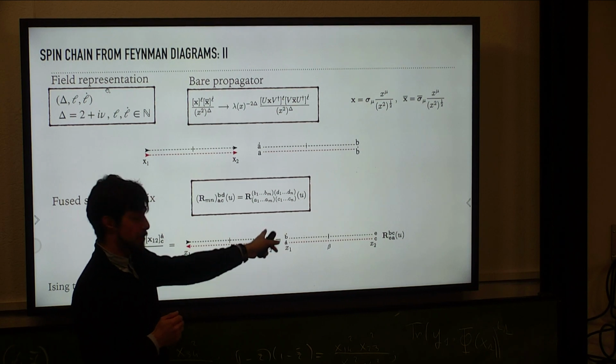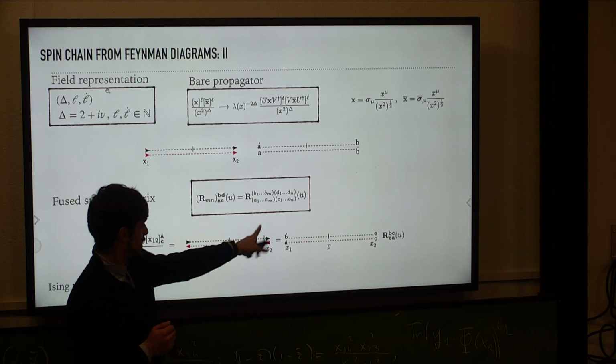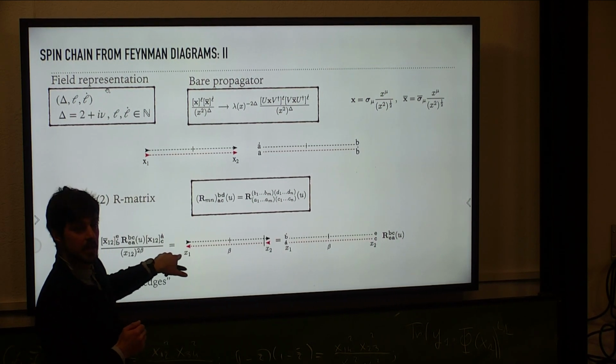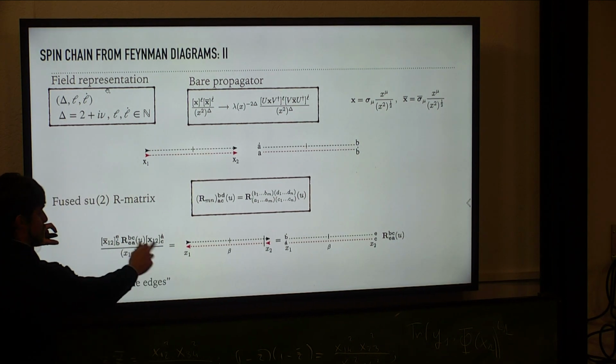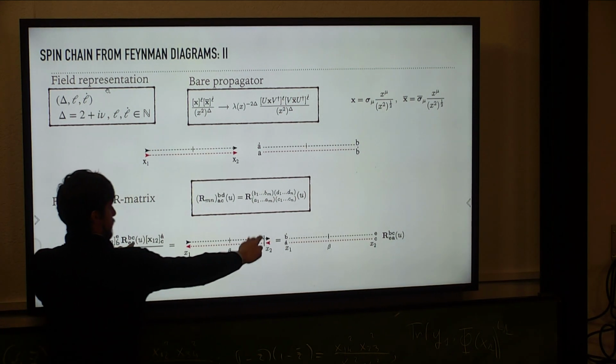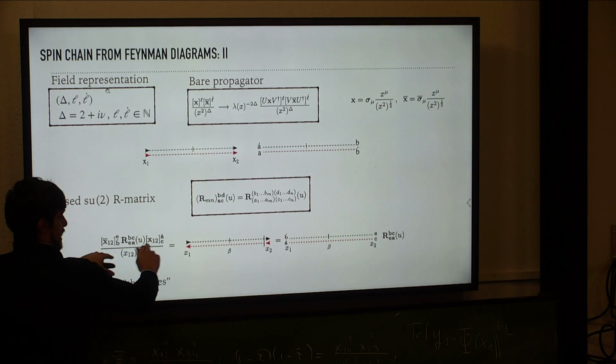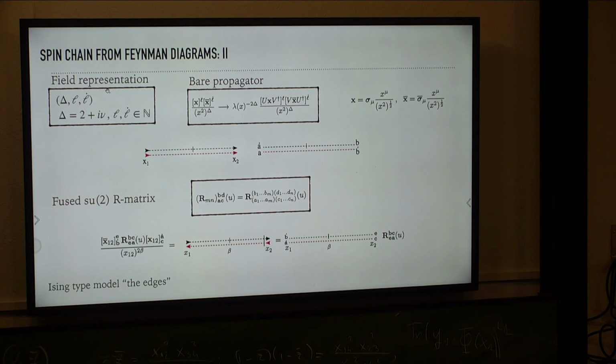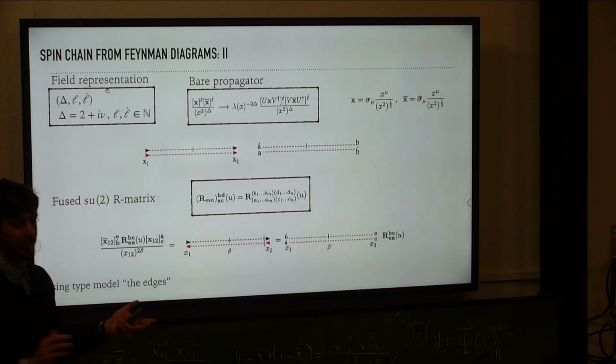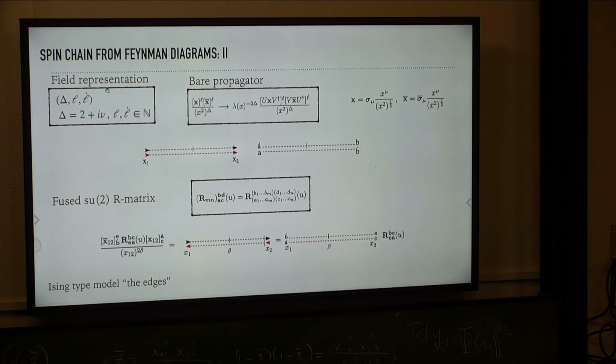It just has a bar. So here you have x bar, R matrix, and x, with the same distance x12, but here is bar, and then it multiplies the R matrix. This is notation I always use in this computation. So from now on, all the computation will be graphical. And this is why it's nice, because I use just the star triangle relation, and otherwise they would be very cumbersome.